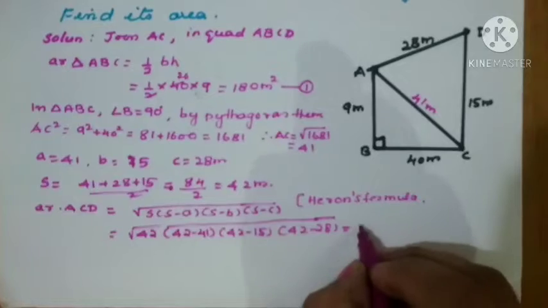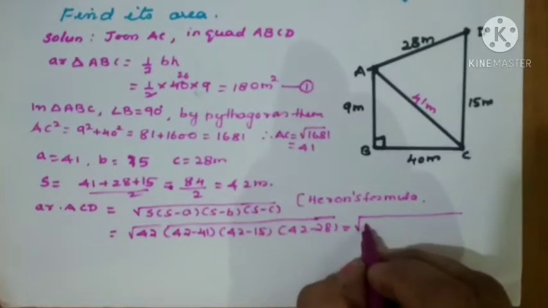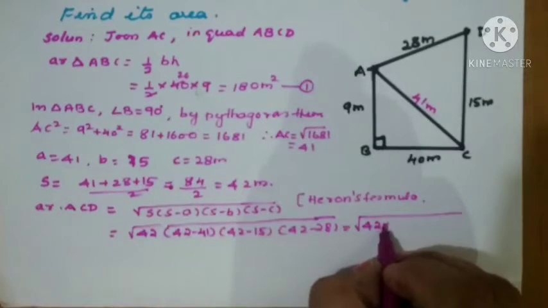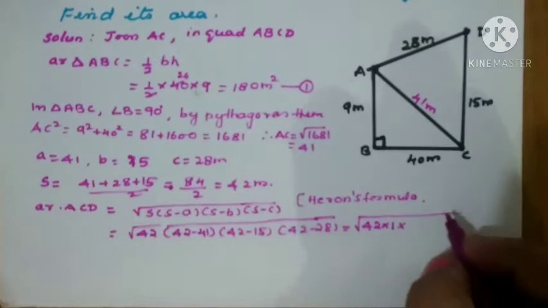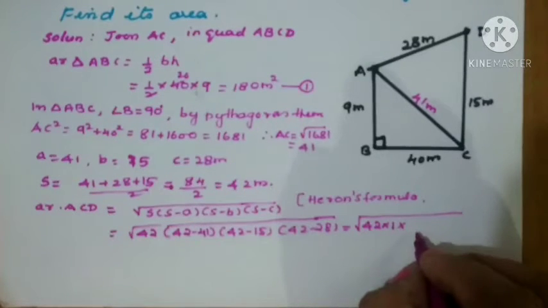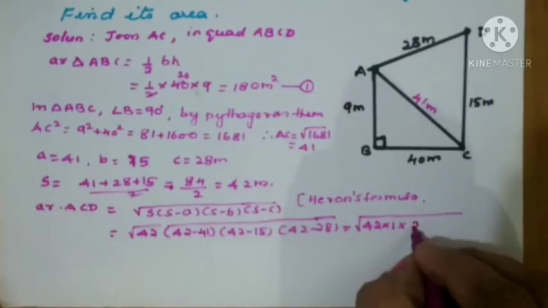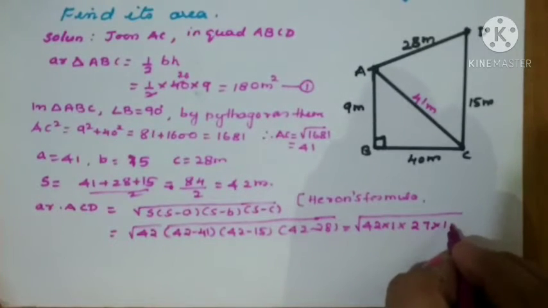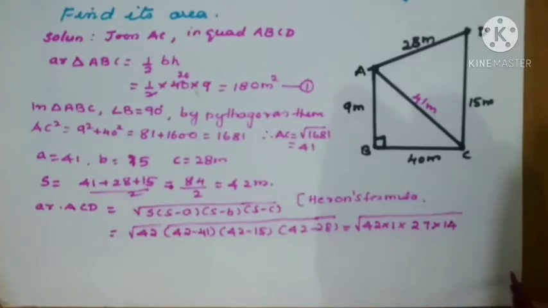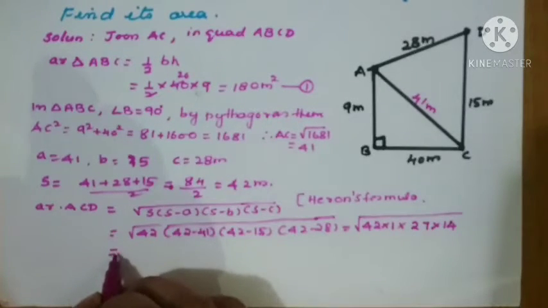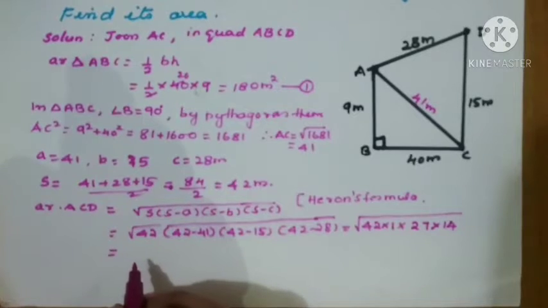Equals root of 42 into 1 into 27 into 14. Now we have to take the root only.